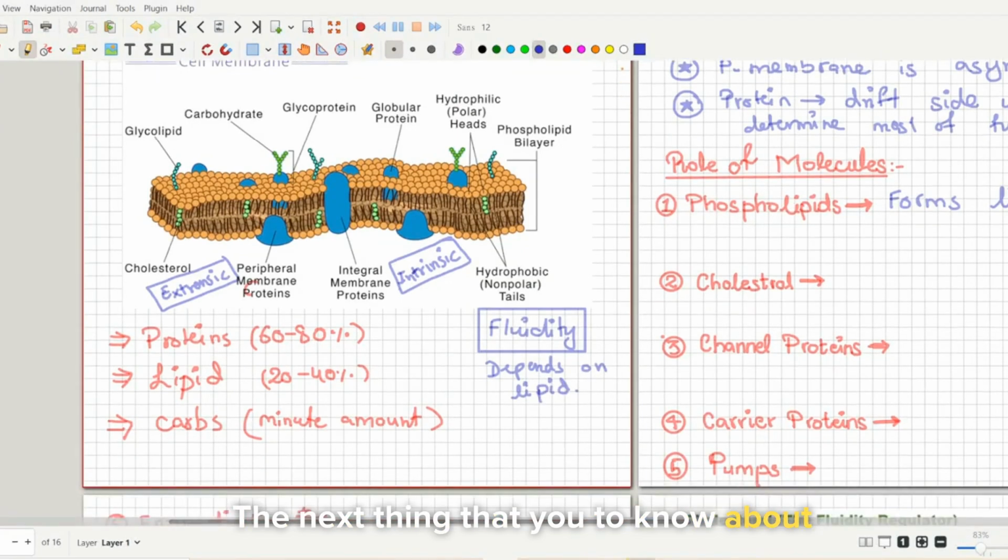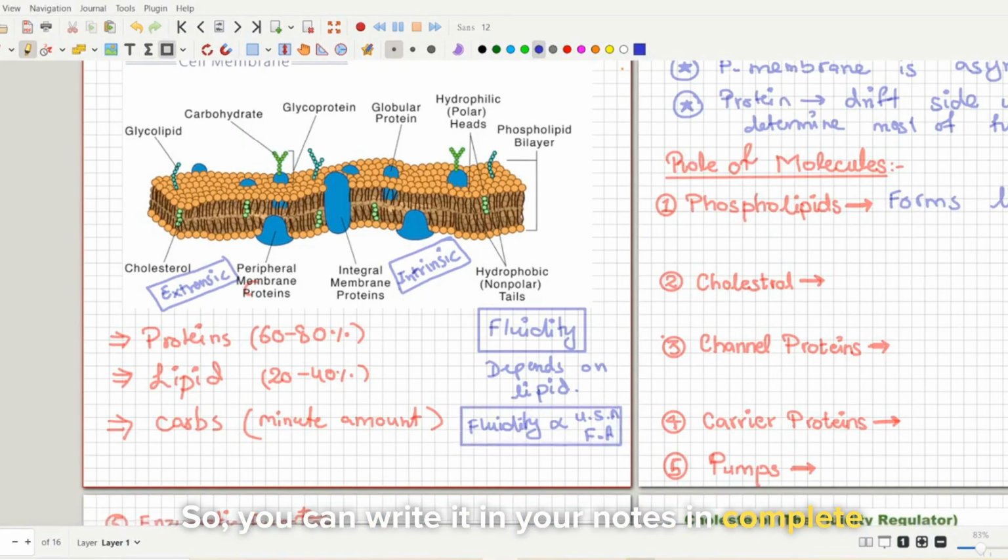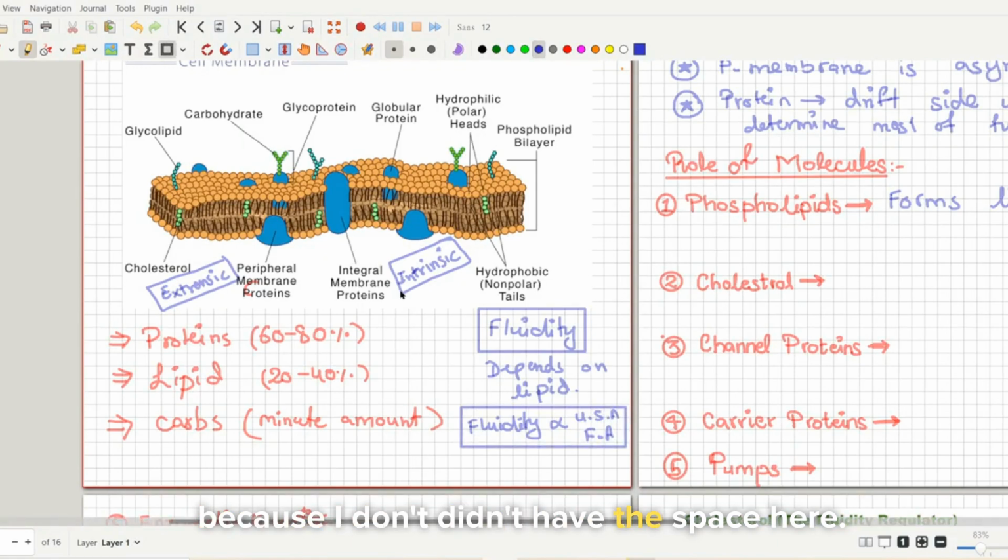The next thing you need to know about fluidity is that it increases with the increase in unsaturated fatty acid. Fluidity is directly proportional to unsaturated fatty acid. I have written it in short form, so you can write it in full in your notes, because there was no space here.